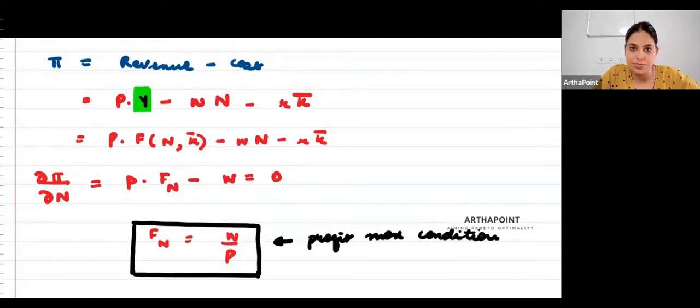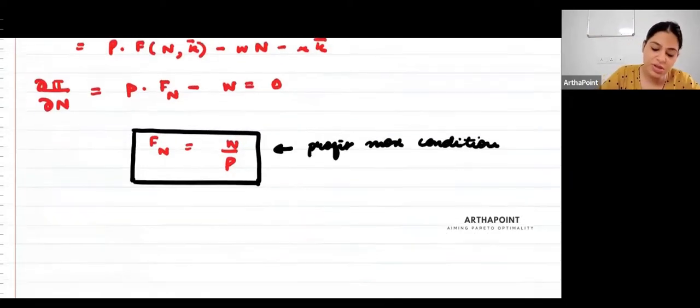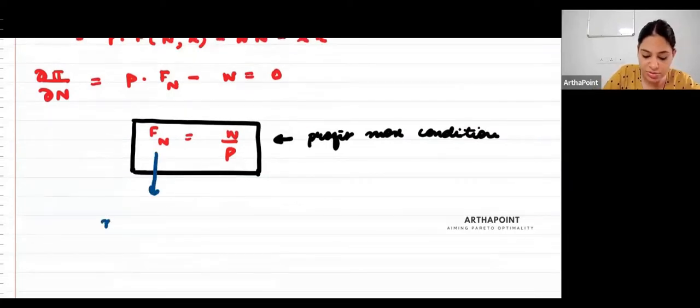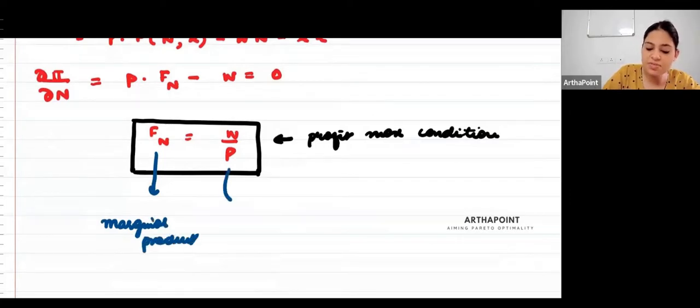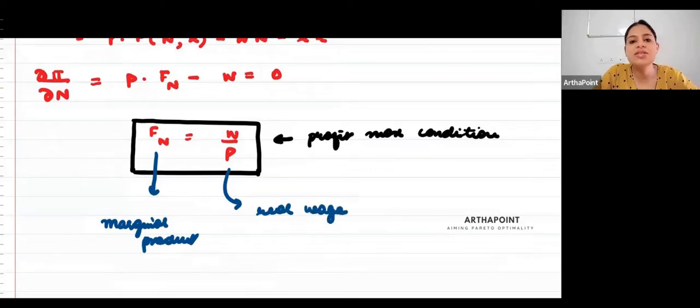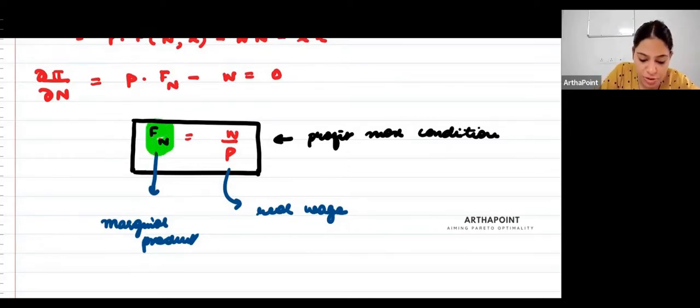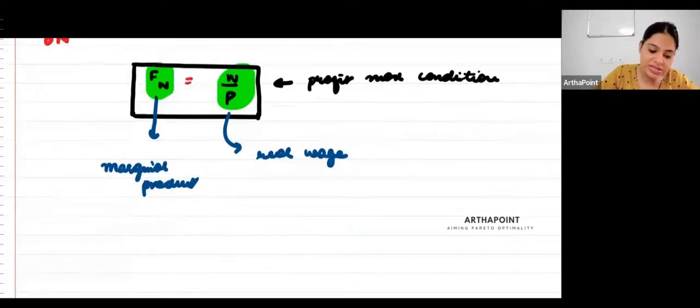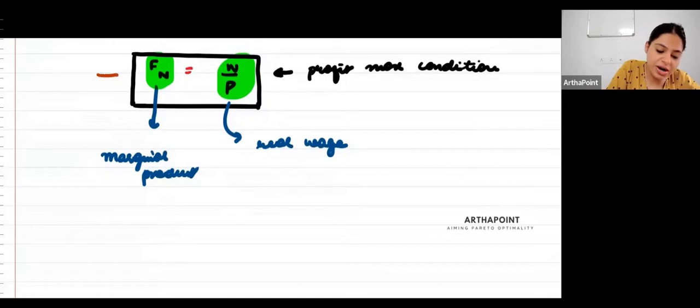If you notice, this is saying that the marginal product of labor must be equal to the real wage. So this tells me how much labor I will demand. I will demand labor such that the marginal product of labor is equal to the real wage that the labor gets from the organization. This can also be called the demand of labor equation.